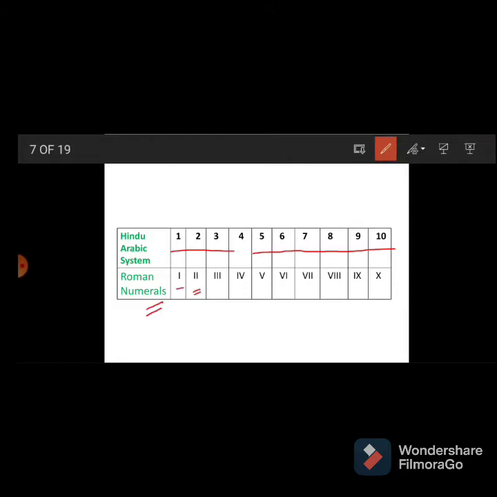I, 2 times I, 3 times I, IV means 4, V means 5, VI means 6, VII means 7, VIII means 8, IX 9 and 10 means X. And another important point, you might be surprised: the Roman system had no symbol for 0. No symbol exists to write 0, and that could be one reason this system was not accepted universally.